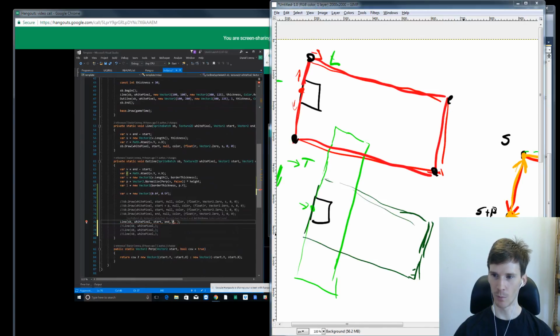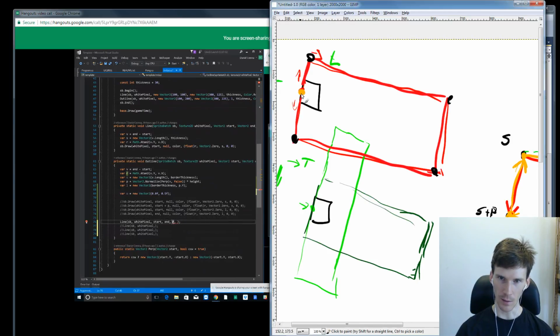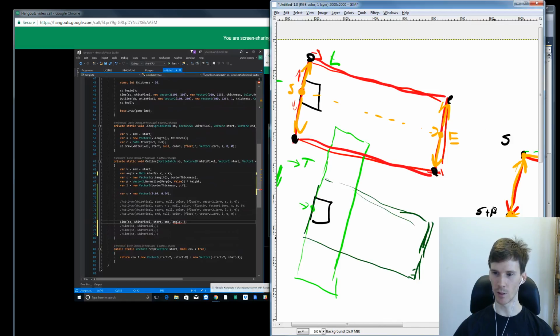So we have to go from this is like start, and this is end. Right. So we have to go perpendicular out between start and end. So that's the shape we're trying to make.